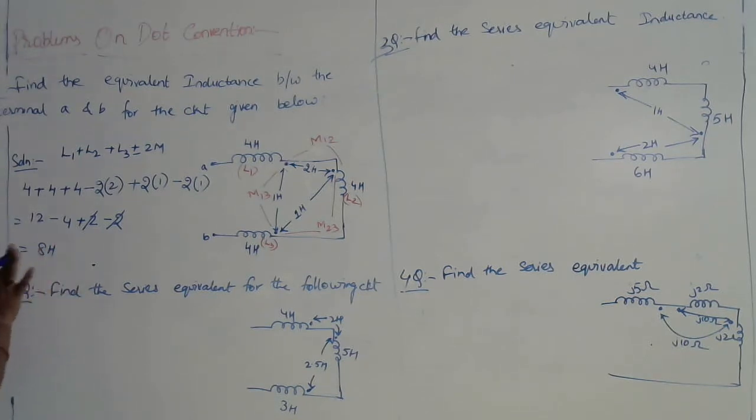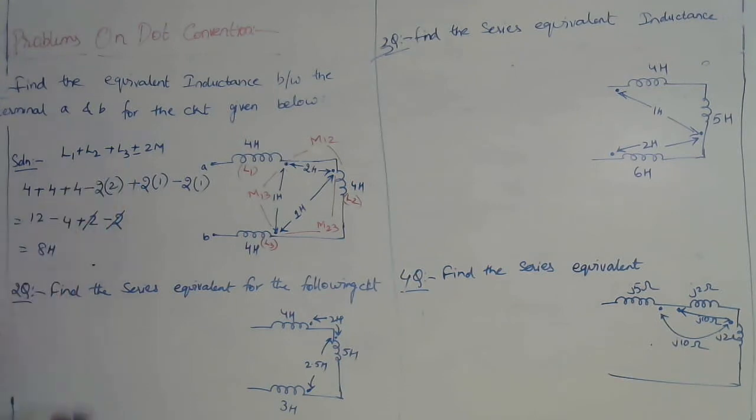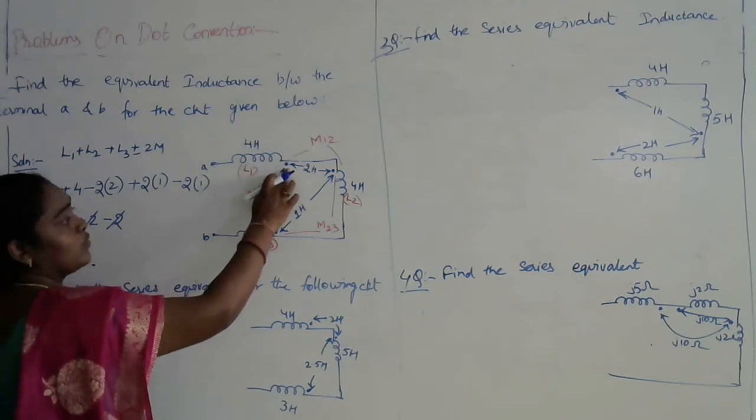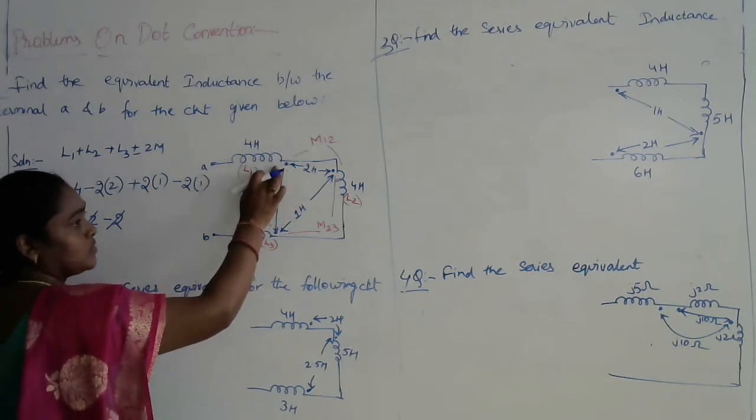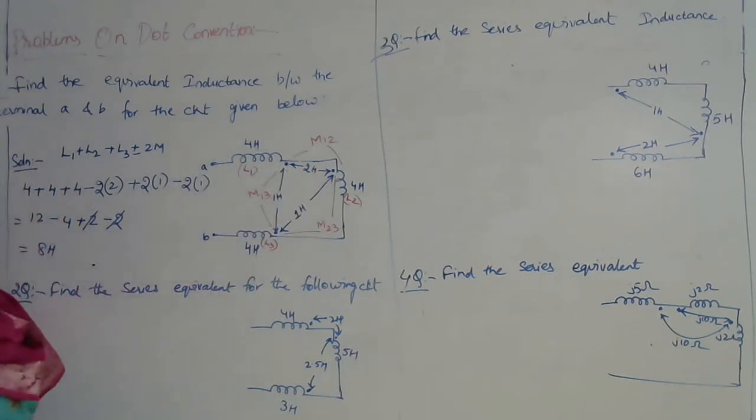So the concept over here is to first write down the self-inductances directly. After writing down the self-inductances, whenever we are writing the mutual inductances, see how the current is flowing for the first dot. If the first dot current and second dot current are in the same direction, then keep a positive sign. If both are in the opposite direction, then keep a negative sign.